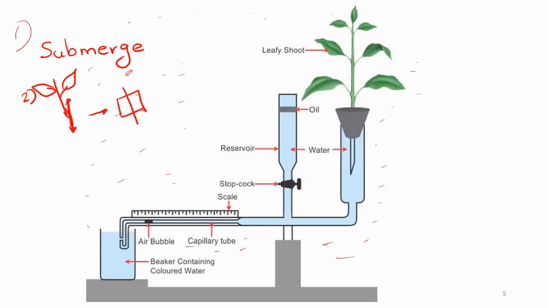So this slant-cut shoot should be inserted into the cork, and that cork with the shoot will be placed at the end of one tube. In this tube, we should place this shoot with the cork. So here we should cut the plant shoot in the slant position. Why?